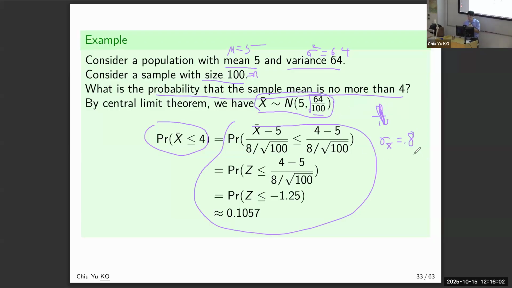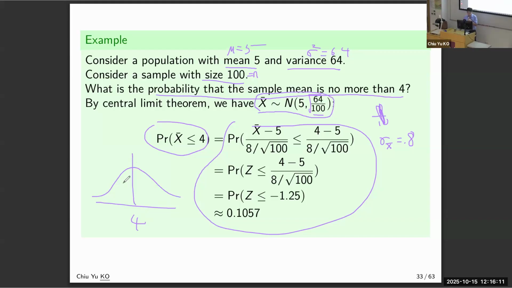The mean is 5, and we are taking 4 here. But 4 here is actually 1.25 SD below the mean, because the SD is 0.8. So basically it is Z here.